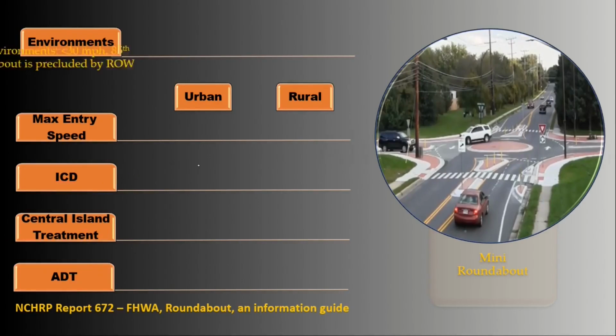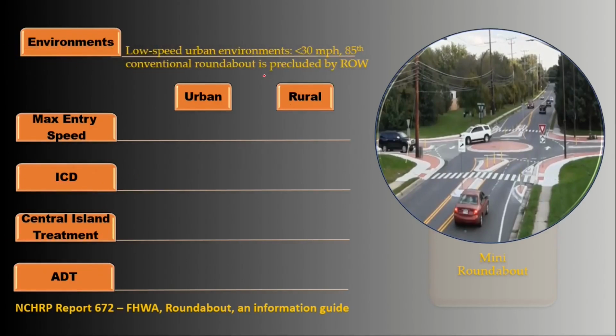Environment-wise, mini roundabouts are recommended for urban areas with approaching speed less than 30 miles per hour, and where there isn't enough right of way needed for a single lane roundabout.